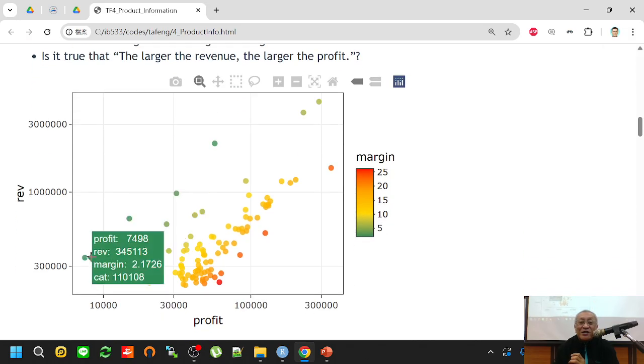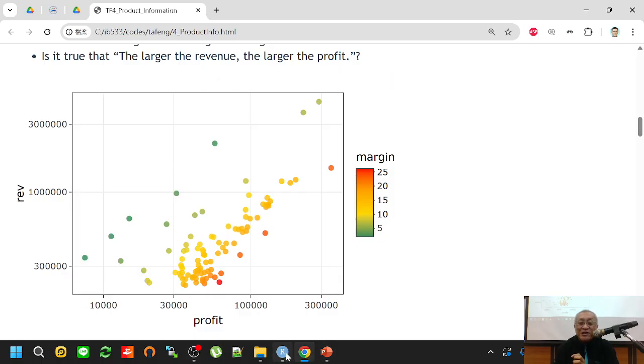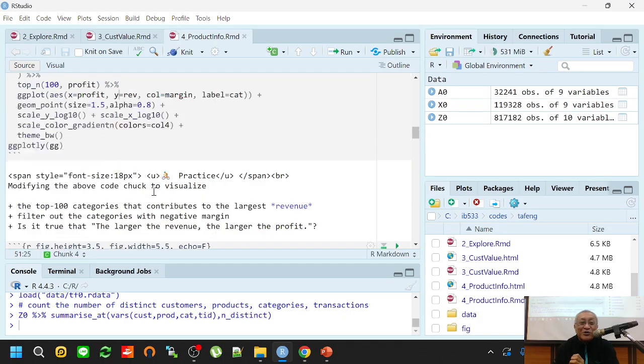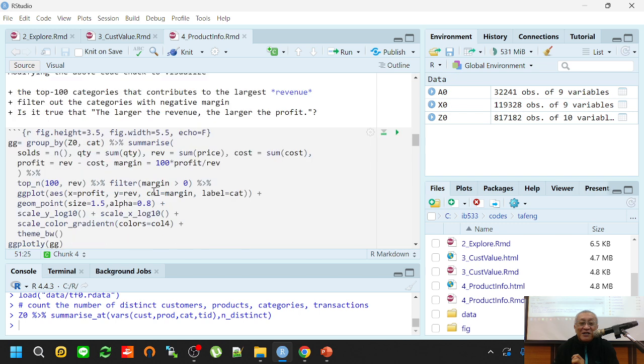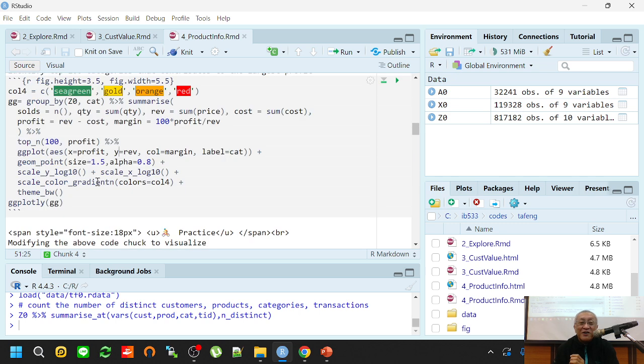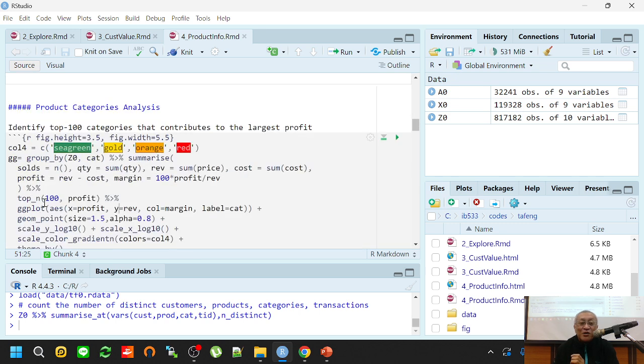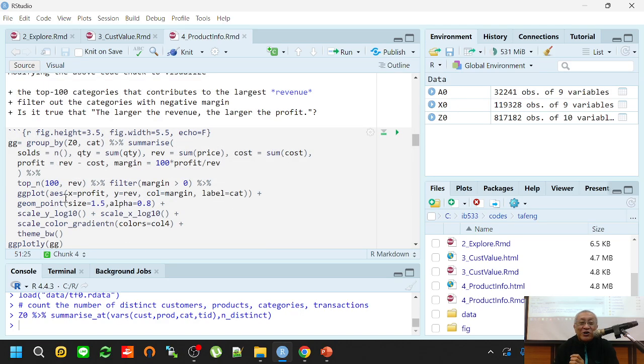So if you go to the code, you can see that I only need to change two things, right? Originally, it's top 100 profit. Here, I'm using top 100 revenue. When you get used to dplyr and ggplot2, data analysis will be a lot of fun, right?